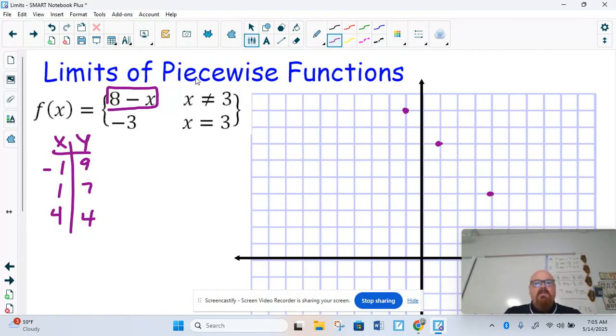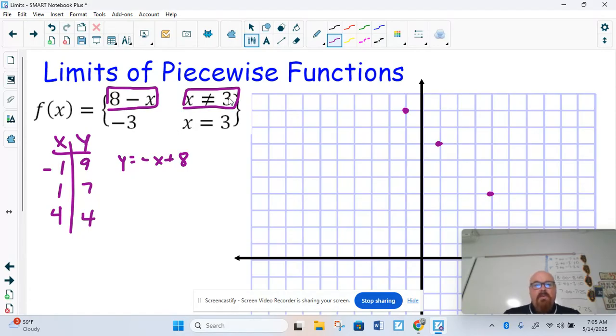So obviously, filling in the rest of this, this is a line, right? This is a linear format of y equals mx plus b. So we have our slope and we have our y-intercept for that, right? Now the one thing is when x equals 3, we need to plot this point even though it's not in the domain of that function.